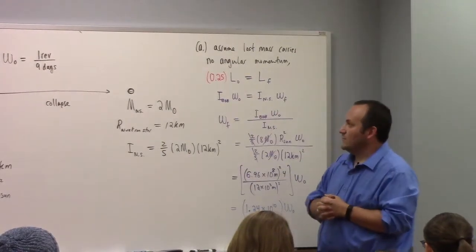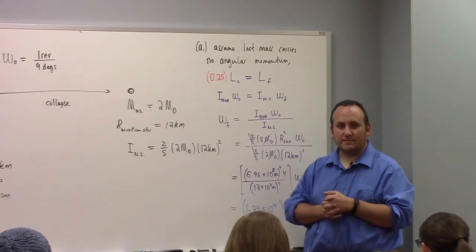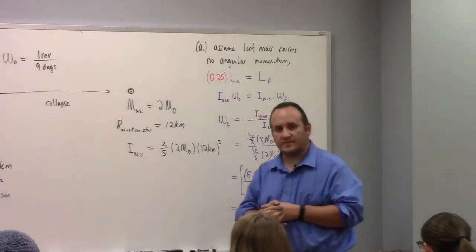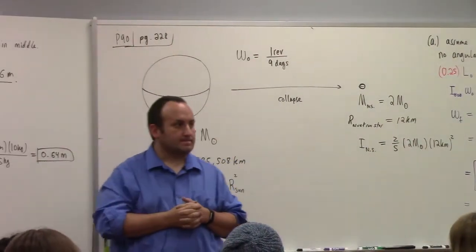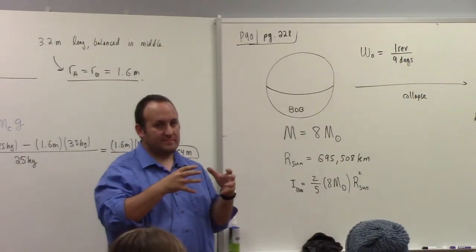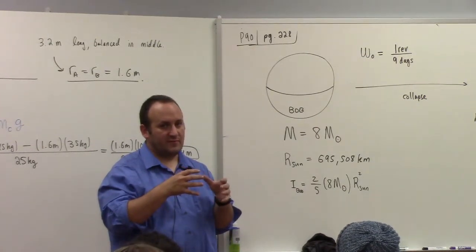But what's a neutron star, by the way? What does that mean, neutron star? What state of matter is a star, for the most part? It's like a big ball of fire, right? So what are the three states of matter that we're familiar with usually?